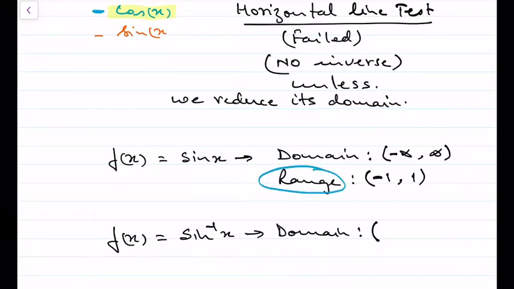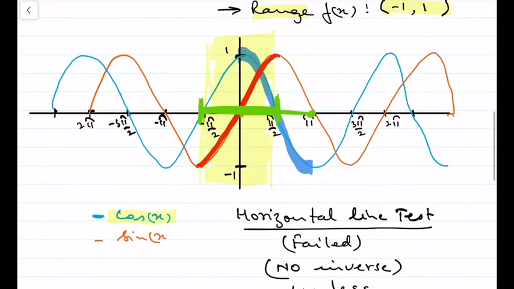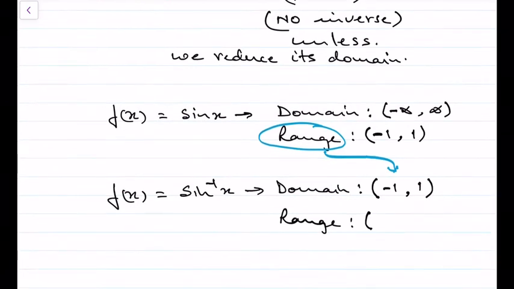Here the range of sin x will be the domain of sine inverse x, and the reduced domain of sin x, that is -pi/2 to pi/2, will be the range of sine inverse x.